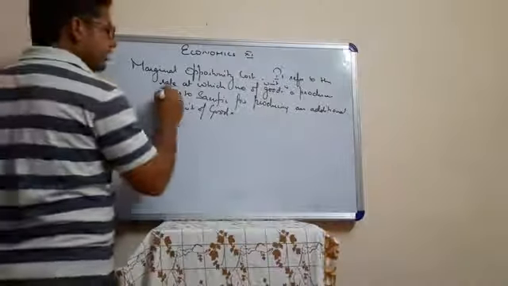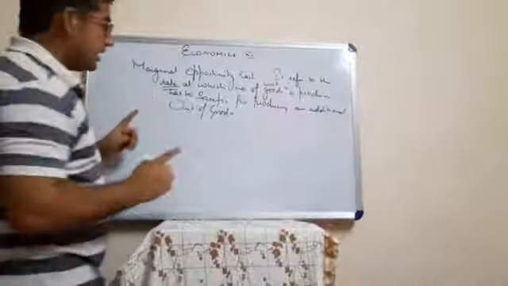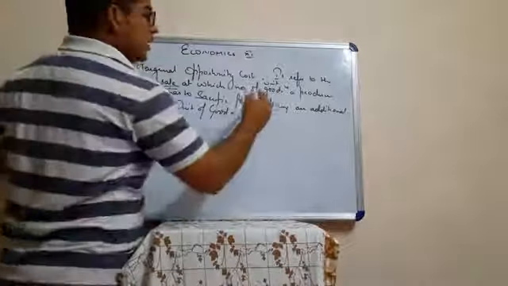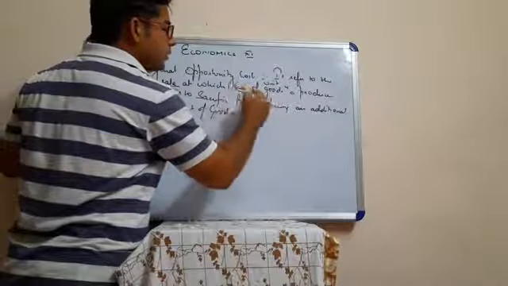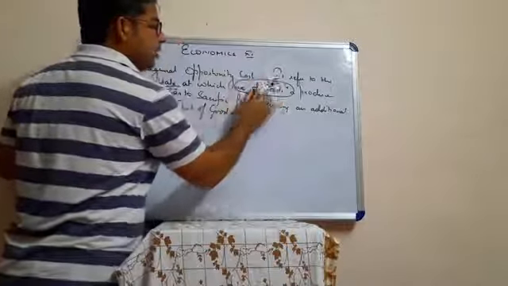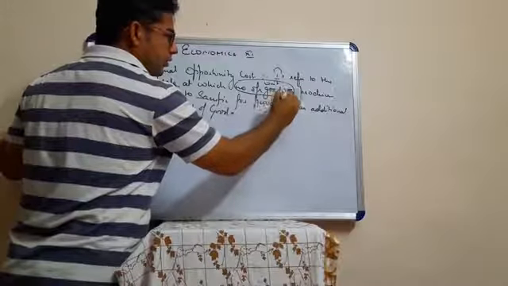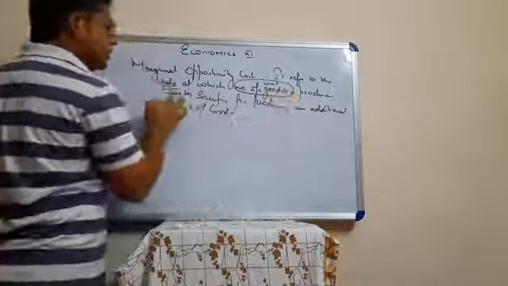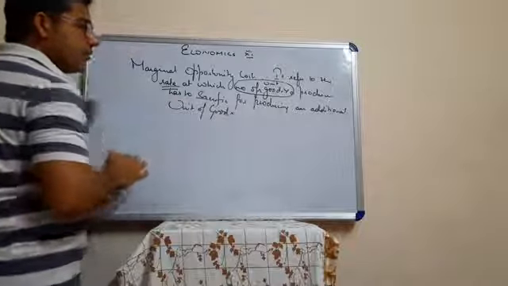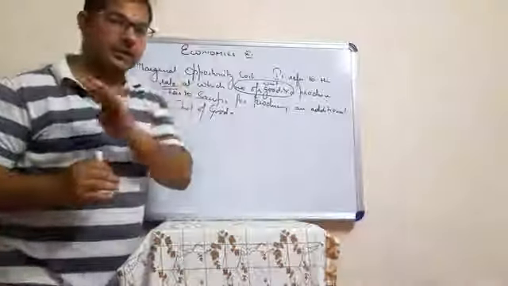First of all, it is the rate. Rate means it is the ratio. It is the rate at which the number of units of good y a producer has to sacrifice for producing an additional unit of good x.